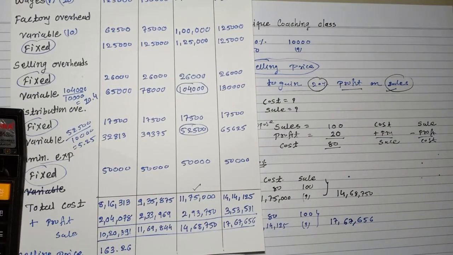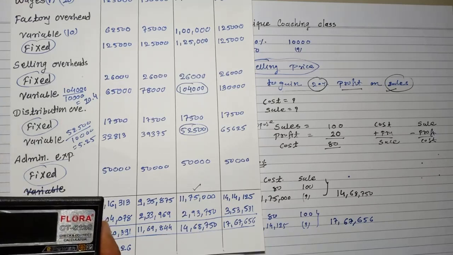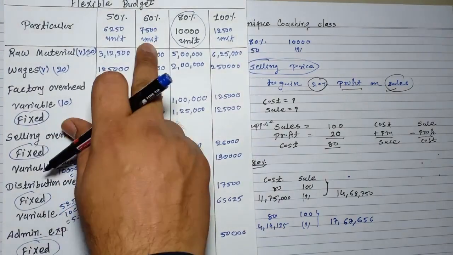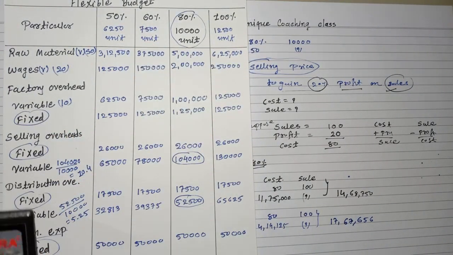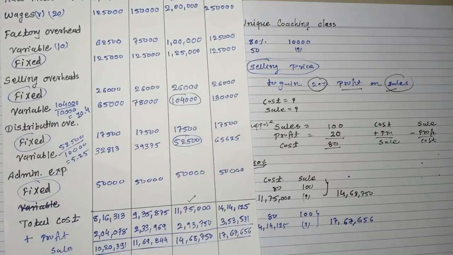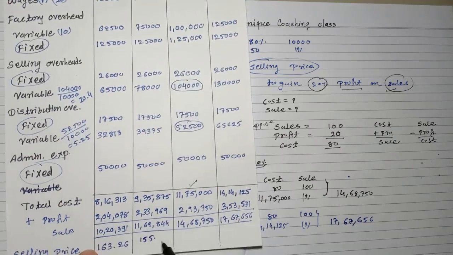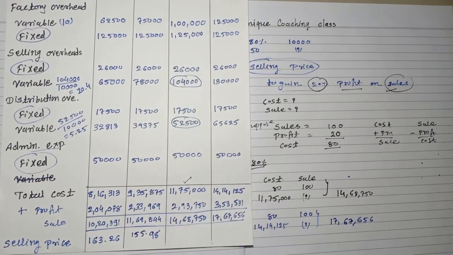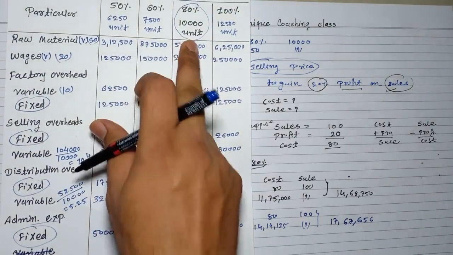So we get selling price 163.26. Okay, the same here. 11,69,844 divided by unit 7500. So it will be 155.98. Okay, like here 14,68,750 and its unit is 10,000.